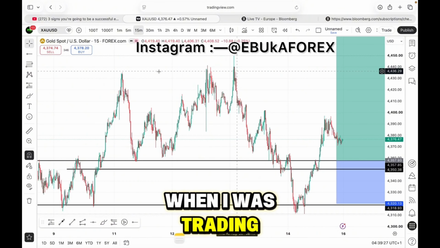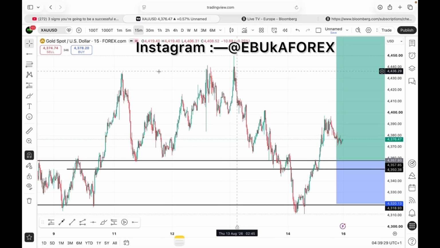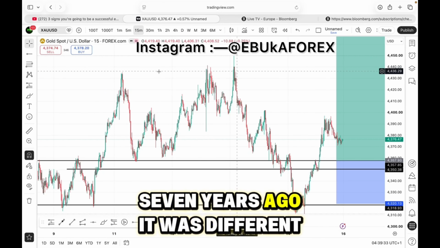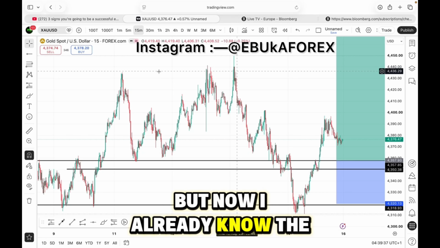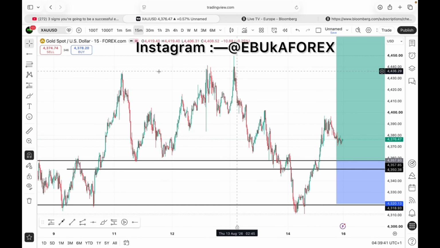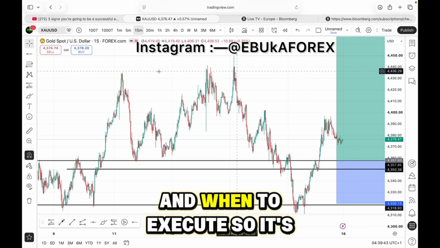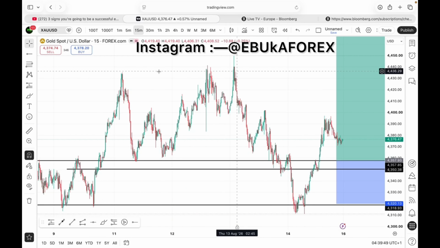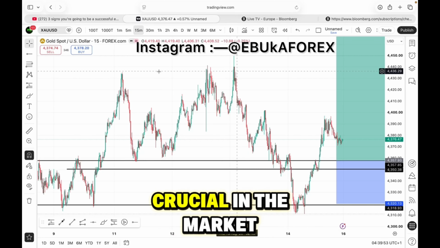When I was trading basic support and resistance 6 years ago, 7 years ago, it was different. But now I already know the major price and when to execute. So it's all about time and price. Timing and price is very, very crucial in the market.